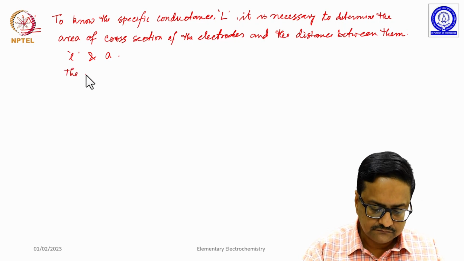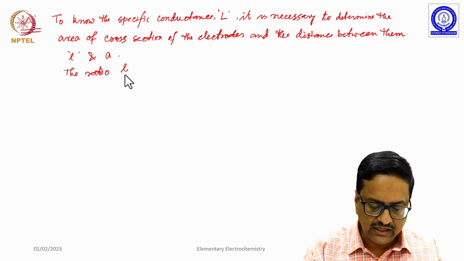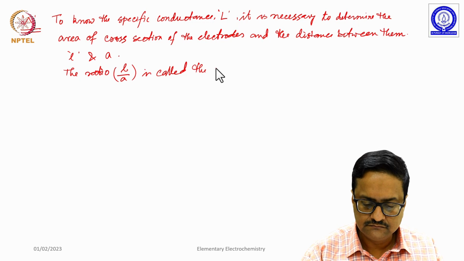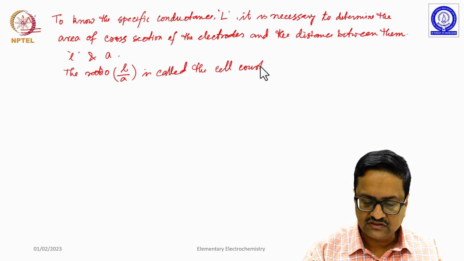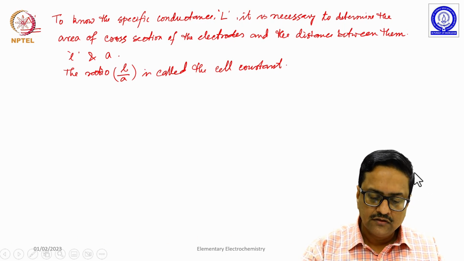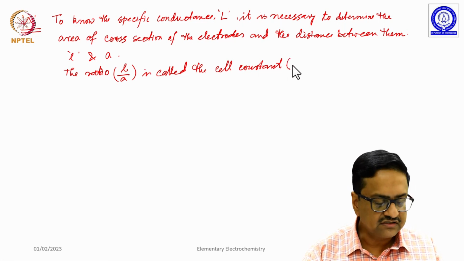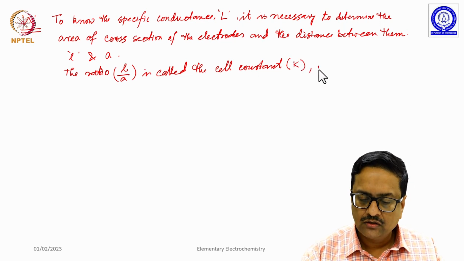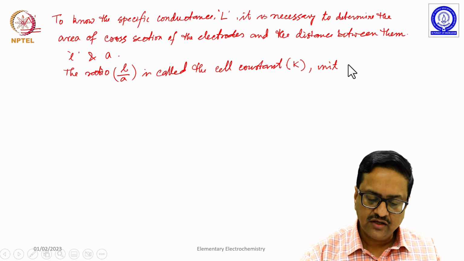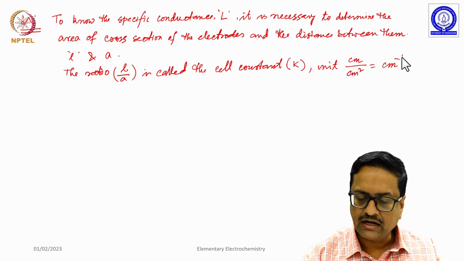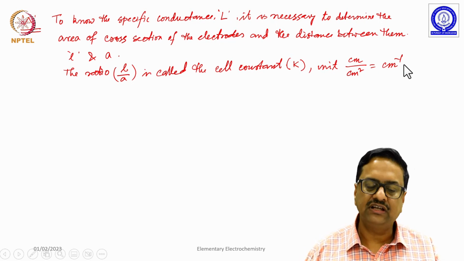The ratio L by A is called the cell constant, which is written as capital K. What will be the unit of cell constant? If L is measured in centimeter and area in centimeter square, then per centimeter will be the unit of cell constant.